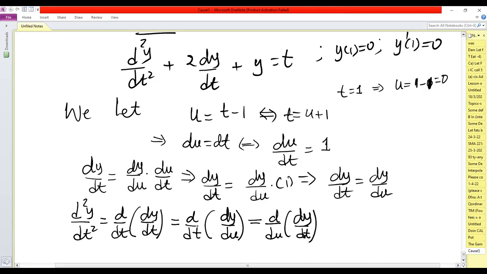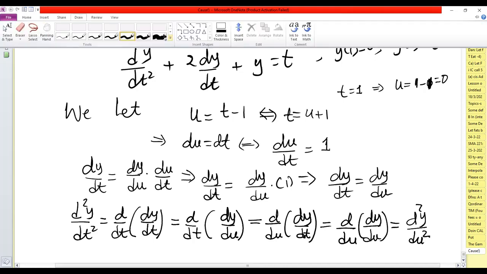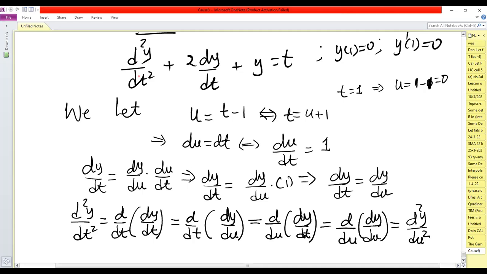We can always switch when we have these two operators. So dy dt is still dy du, so d du, then replace this one by dy du, which gives d squared y du squared. So we have successfully gotten the replacements for both the second derivative in terms of t, the first derivative in terms of t, and then y in terms of u.